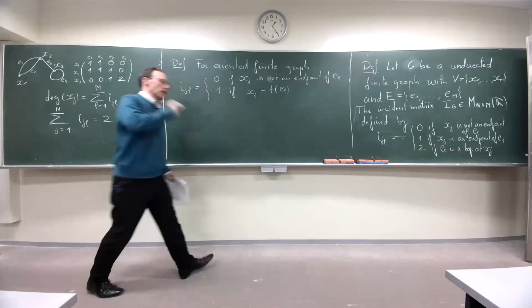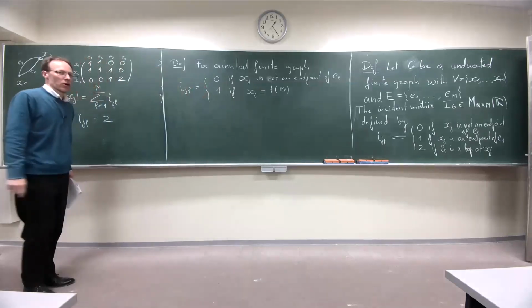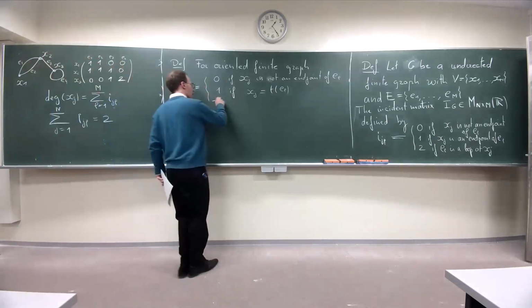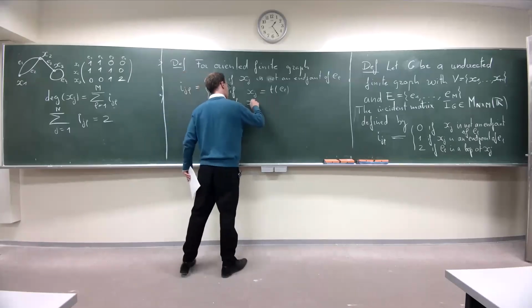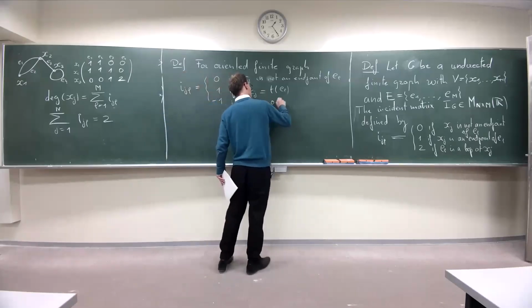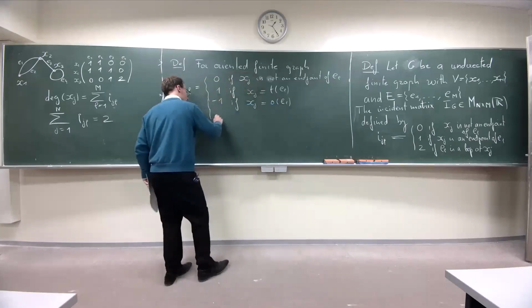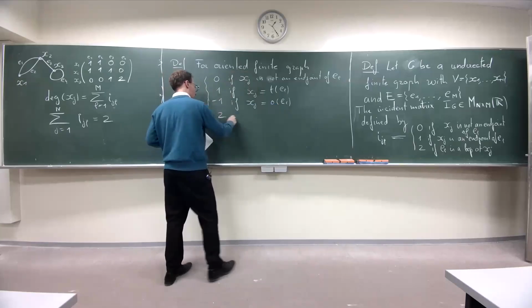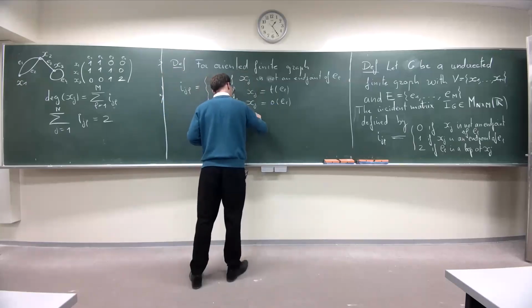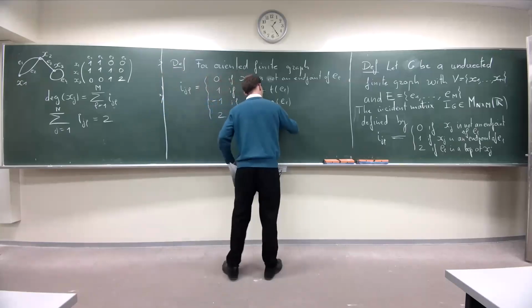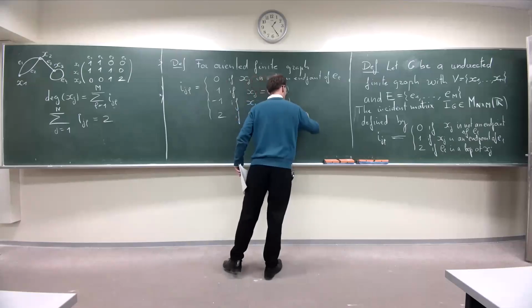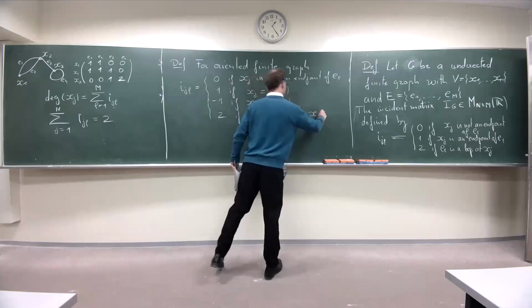I introduce the target, so it is the endpoint of an oriented edge. It is -1 if xj is the origin of EL, and again, it's a convention, it is 2 if EL is a loop at xj.